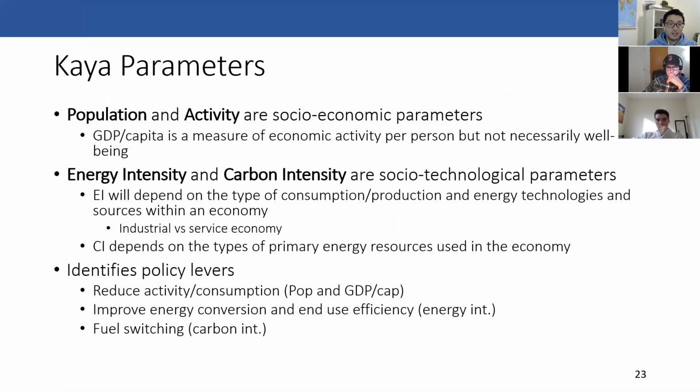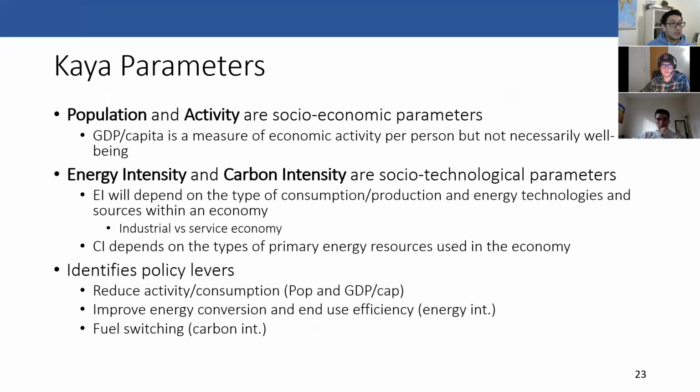Okay, so energy intensity and carbon intensity are socio-technological parameters. So energy intensity depends on the type of consumption or production and energy technologies within an economy. And so there's this thought about trade-offs in energy intensity.